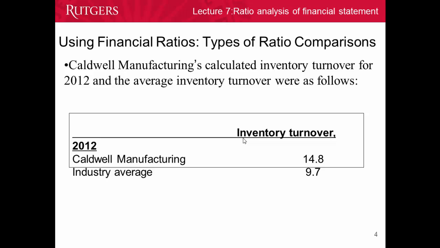As we can see here, for Caldwell Manufacturing Company, its inventory turnover is 14.8, which is significantly larger than the industry average of 9.7. Again, significance is defined by materiality that auditors decide to set.